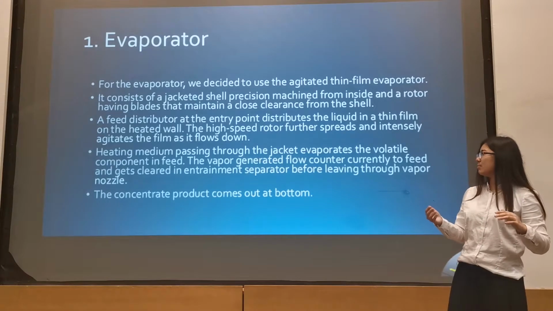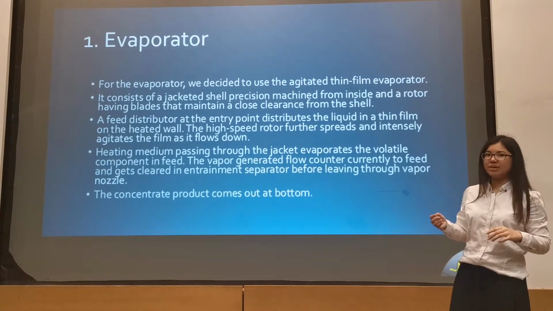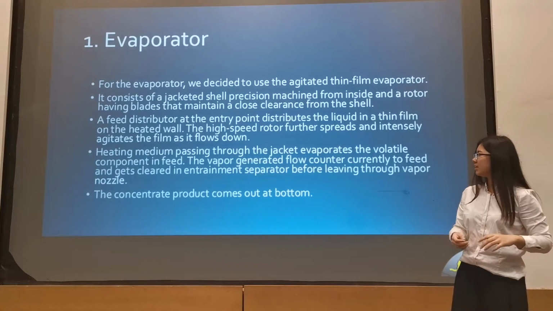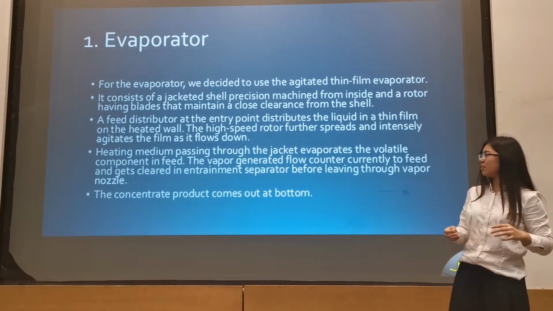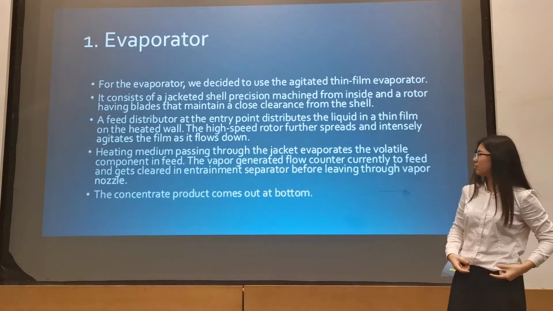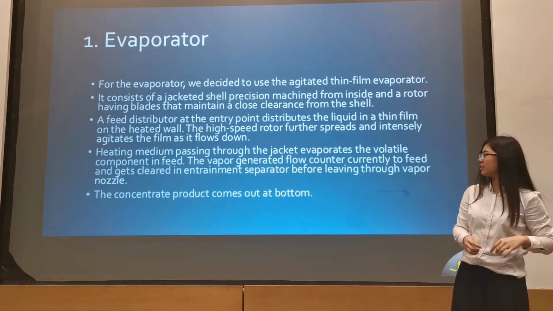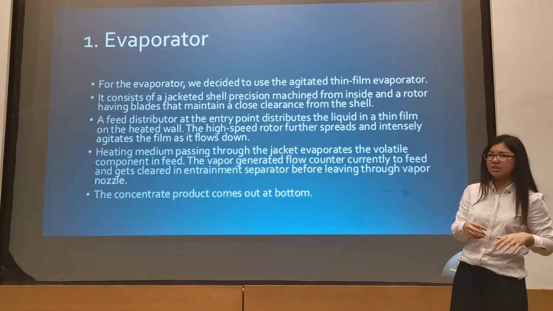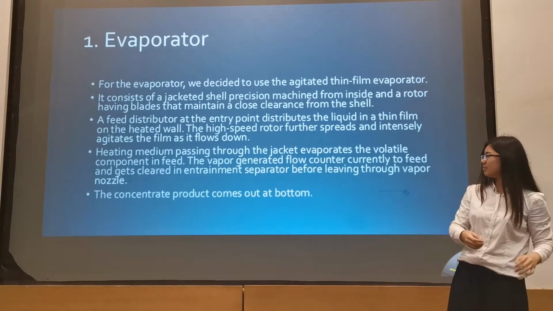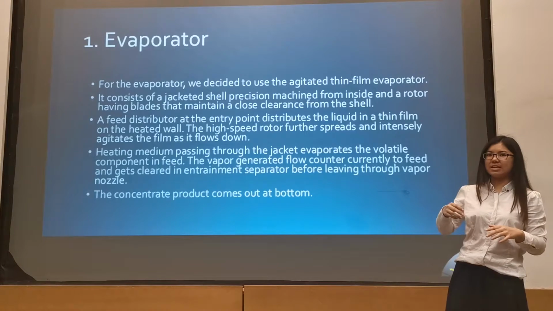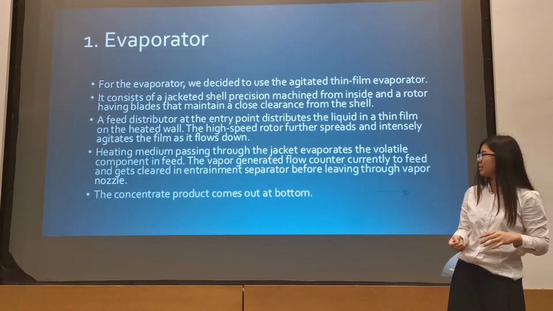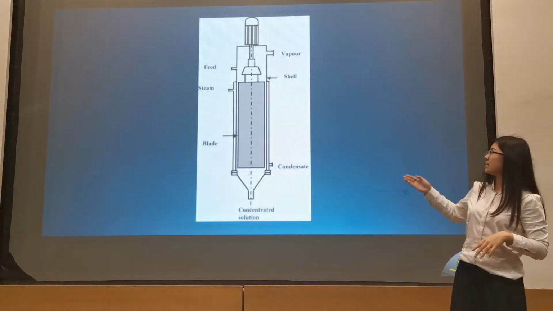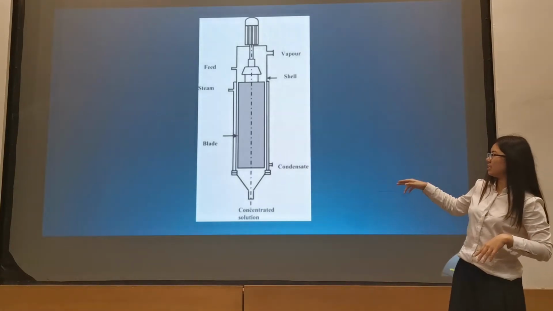The heating medium will pass through the jacket to evaporate the volatile component in the feed. The vapor generated will flow counter-currently to the feed and get cleared in an entrainment separator before leaving the vapor nozzle. The concentrated product will then come out from the bottom of the evaporator. The unit is shown in this picture.